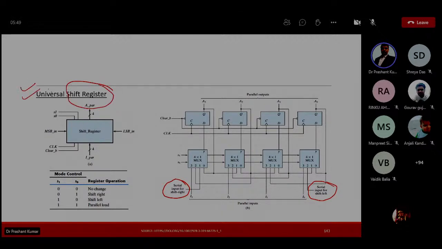So what are the capabilities that a general shift register may have? These are the capabilities.